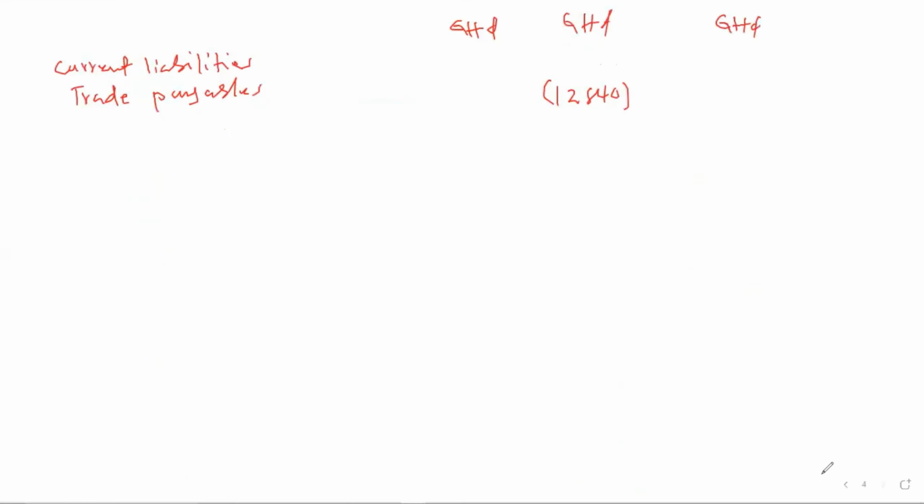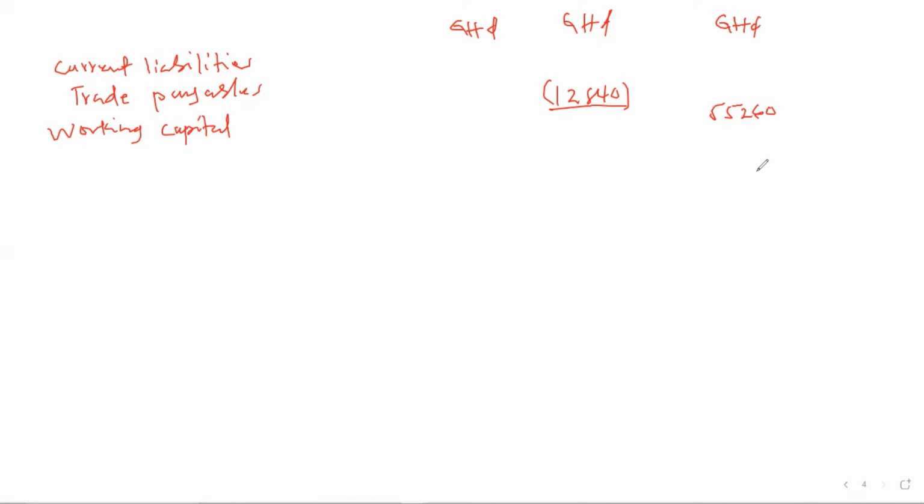We do that in order for us to get our what? Our working capital. So when we less from that, we get 55,260. So this amount is what we see as working capital.